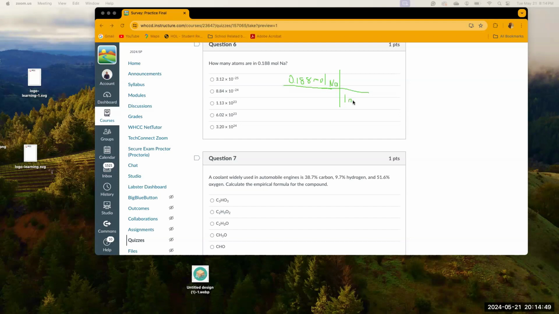For every 1 mole of sodium, we're going to multiply by Avogadro's number, which is 6.022 times 10 to the 23rd, and that would be atoms.